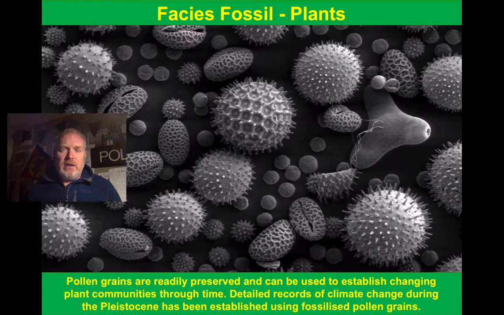Another good indicator of environment, another good facies fossil, are plants. Pollen grains, as we can see in this scanning electron microscope image here, give us fairly detailed records of plant communities. Now, we use this in a lot more detail in year 13 when we look at fossil pollen from the last few tens of thousands of years to reconstruct the climatic changes that happened during the last ice age.